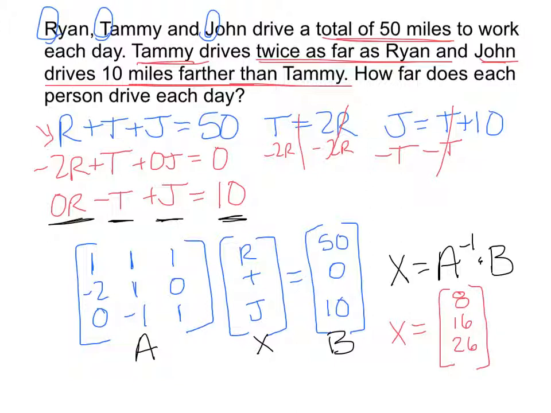Let's figure out what they actually mean. Ryan was in the top spot, so Ryan is 8. He drives 8 miles. Tammy was in the second spot, so Tammy is 16. Tammy drives 16 miles. And John was in the last spot, so John drives 26 miles.